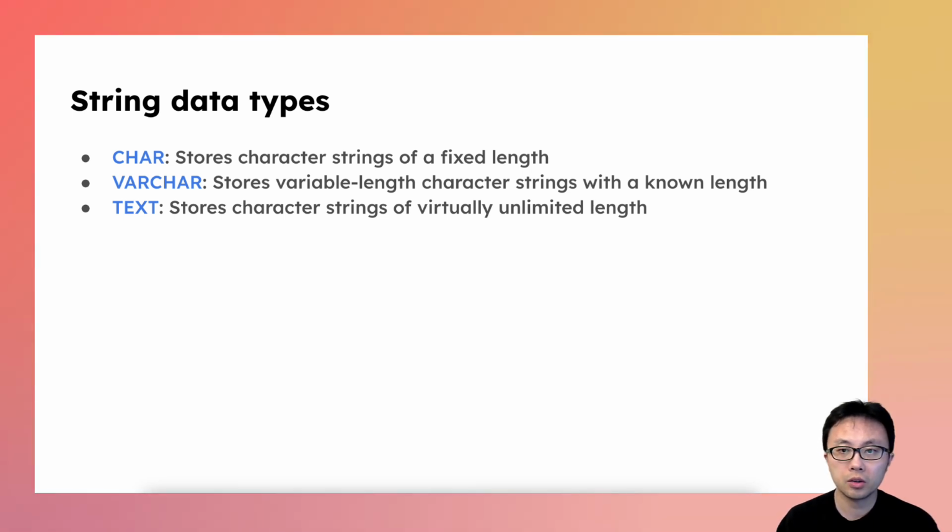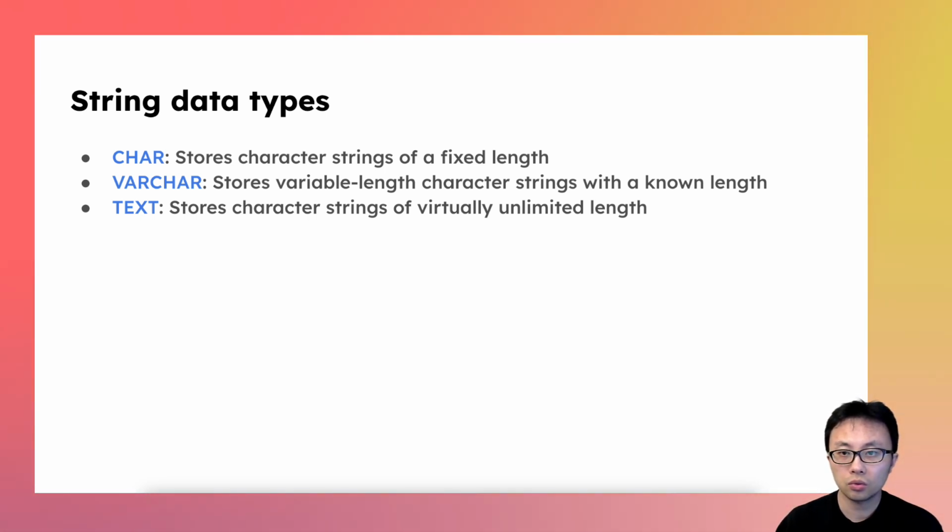The most commonly used string data types are these 3 as listed here on the screen: CHAR, VARCHAR, and text. CHAR is short for character, and VARCHAR is short for variable character. As a data type, CHAR is used to store strings of a fixed length.